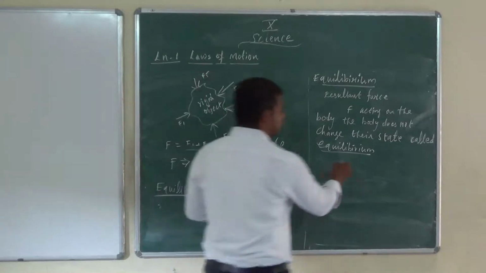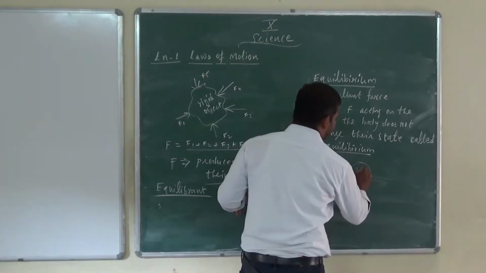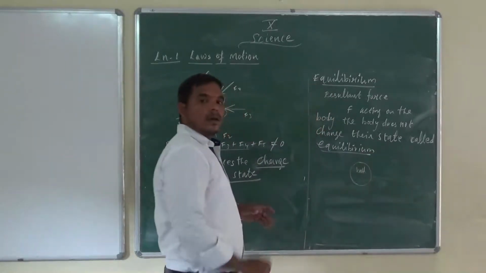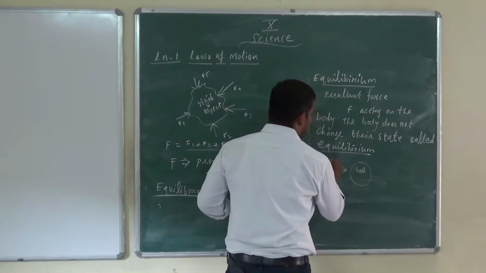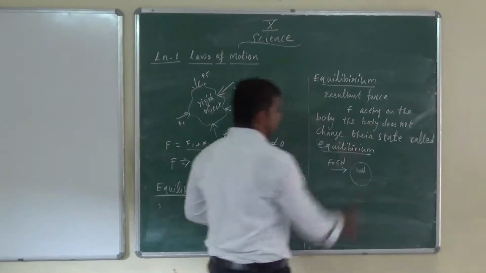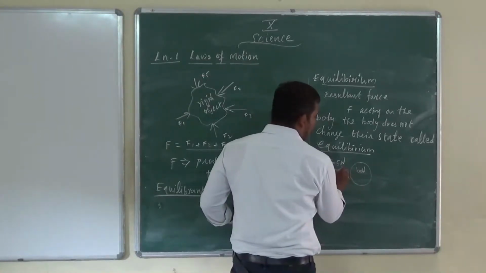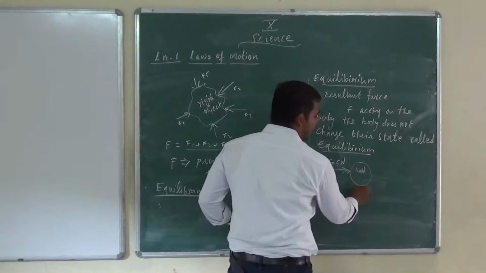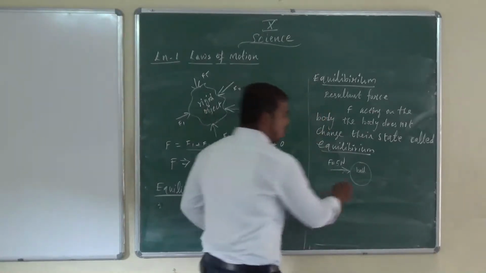For example, one ball is there. One person gives a force, F is equal to 5 Newtons. Due to the force acting on the body, the ball's position should not change.